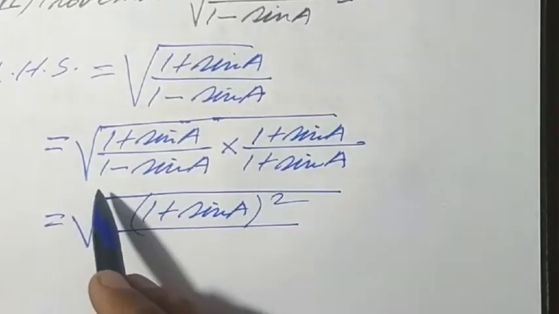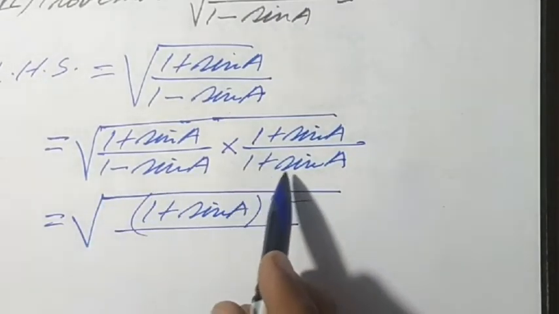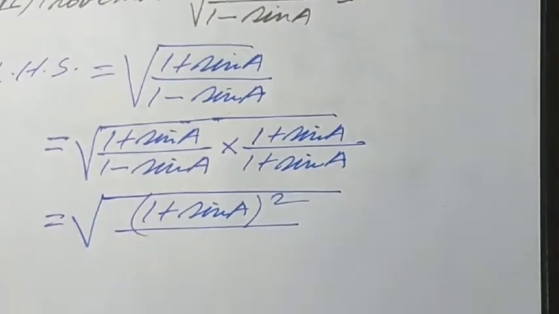and in the denominator we have 1 minus sine A into 1 plus sine A, which is the situation of A plus B, A minus B, that is equal to A square minus B square.